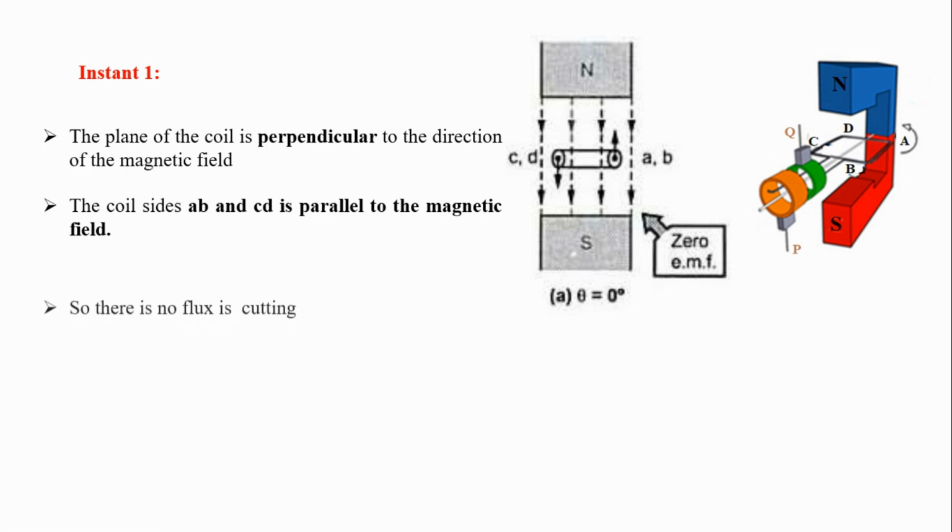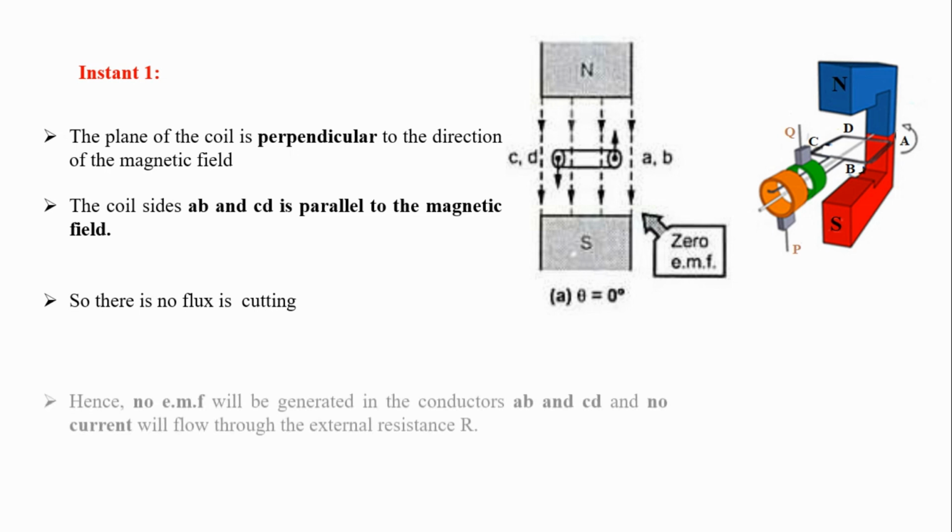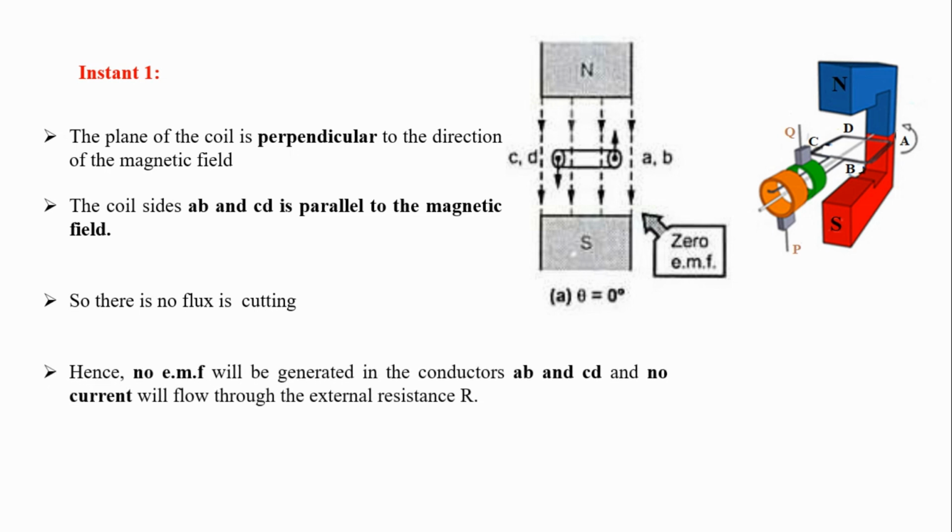So there is no flux cutting. Hence, no EMF will be generated in the conductors AB and CD. So no current will flow through the external resistance R.